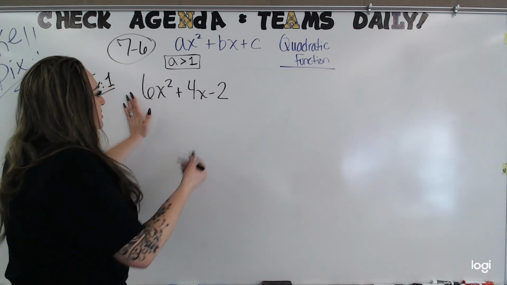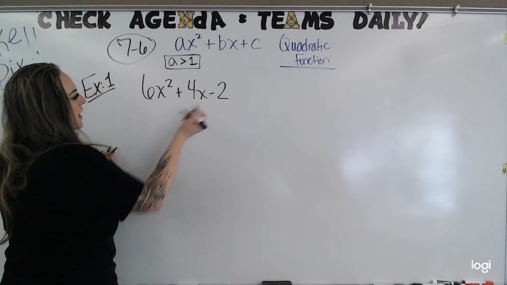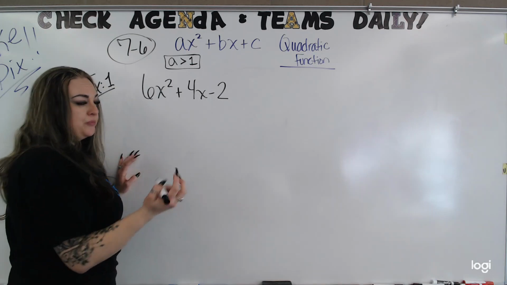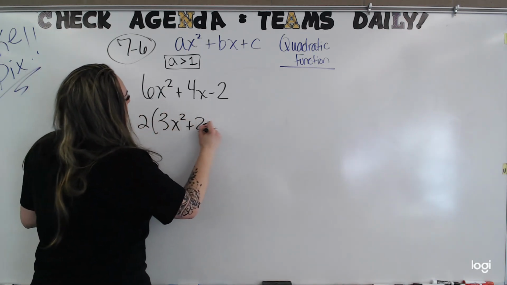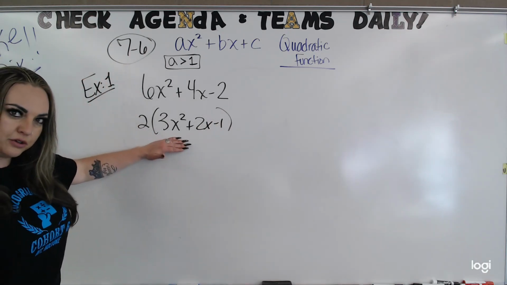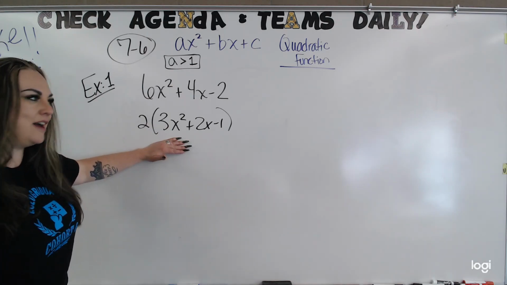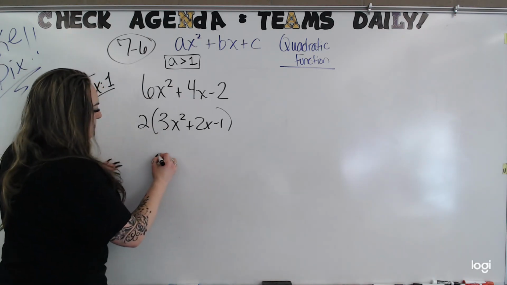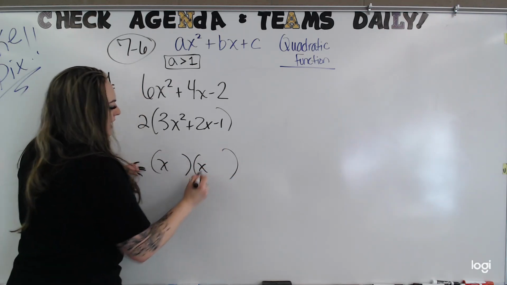Okay, so if we try that, watch me work this out for a second. Our greatest common factor is 2. Well, we're still left with an A value greater than 1. And so we cannot just rewrite this as x here and x here.